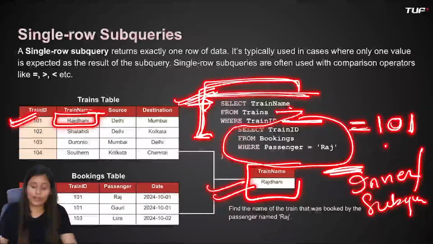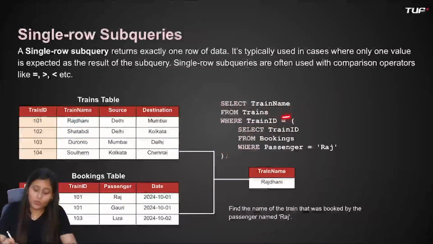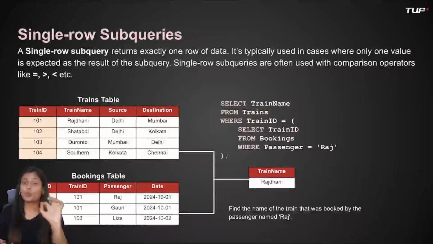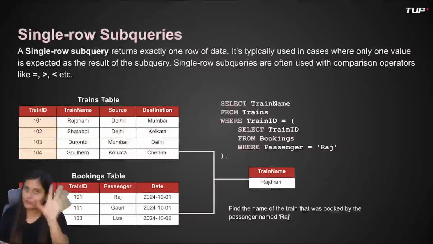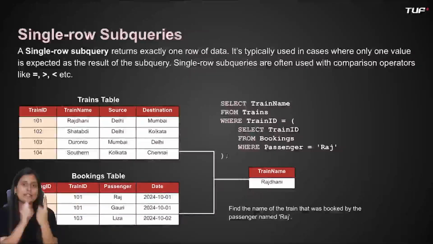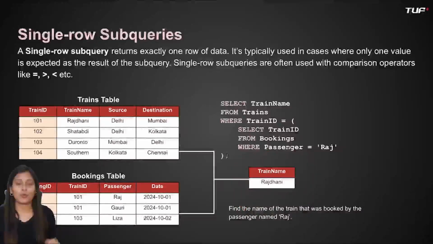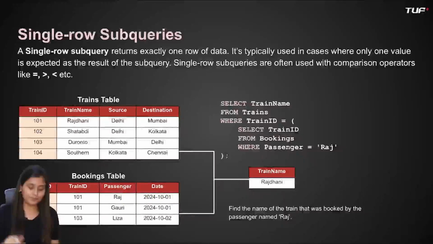This is the final output. Here you are comparing the train ID with 101 using the equal operator, and it can be true for only one case. Even if it were true for multiple cases, for a single train ID the train name will be unique. Hence the output will be only one row, and that is why it is called a single row subquery.